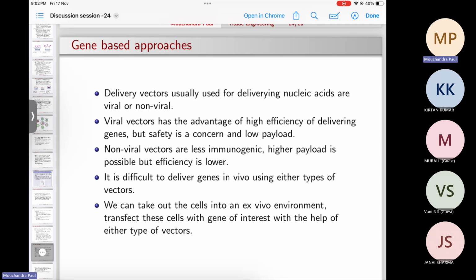Then these cells are transfected with the viral or non-viral vector containing your gene of interest, and after getting transfected with the gene of interest, they are put back into the in vivo environment. In this way, gene delivery or gene therapy is being done.